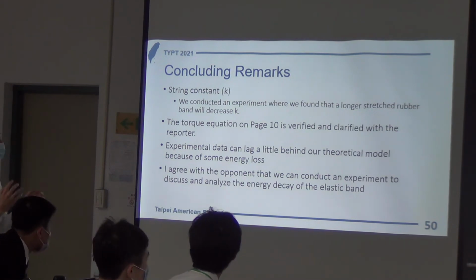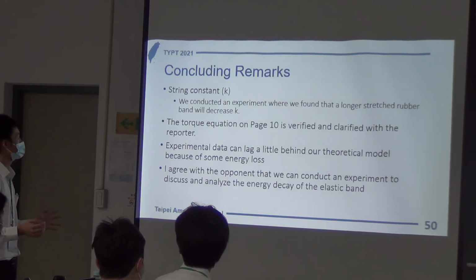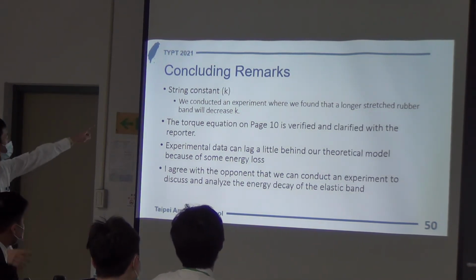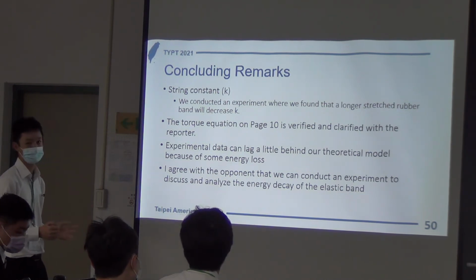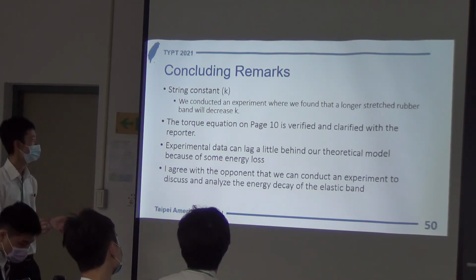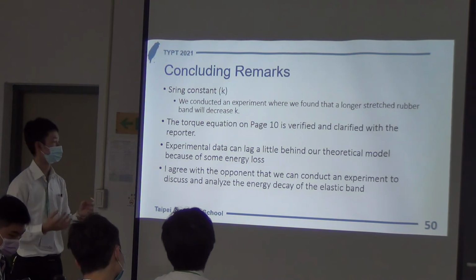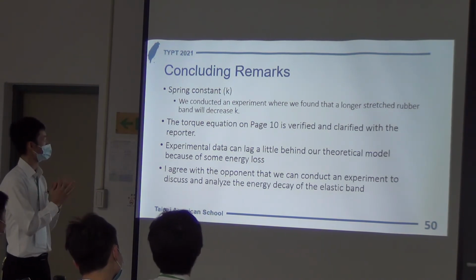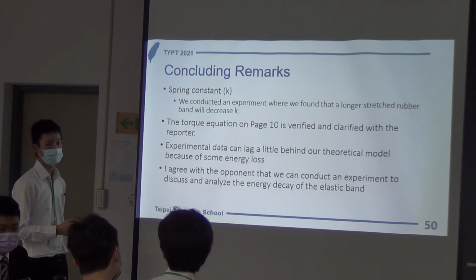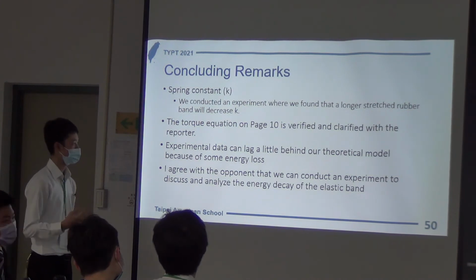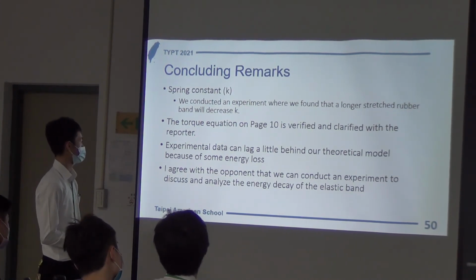Also, with regards to the spring constant, we conducted an experiment where we found that a longer stretched rubber band will actually decrease K. So again, the torque equation on page 10 is actually verified and clarified in the report on that point.